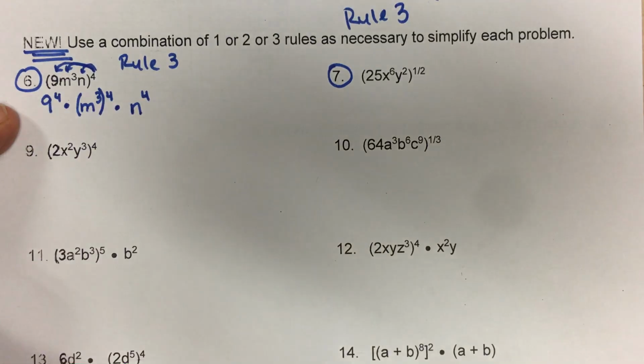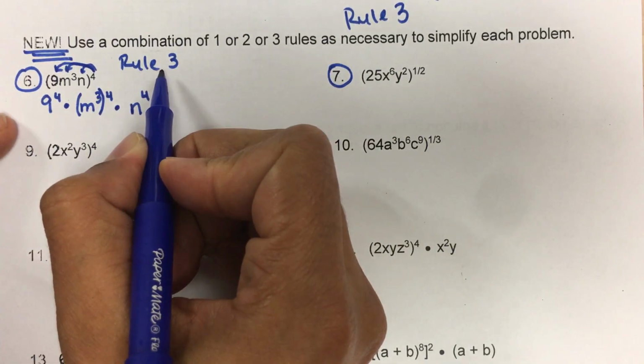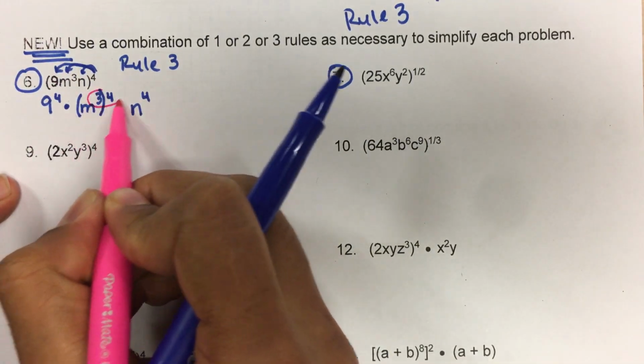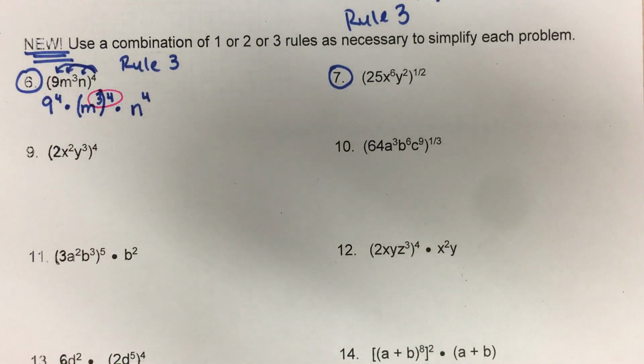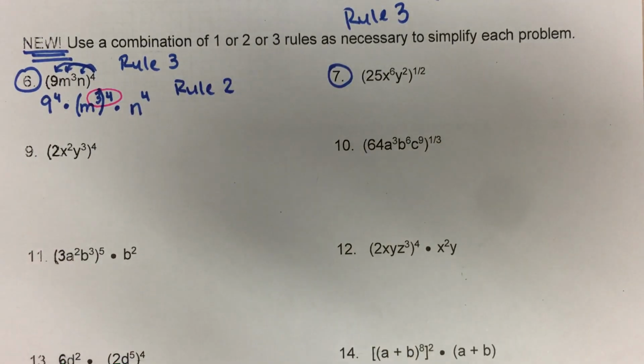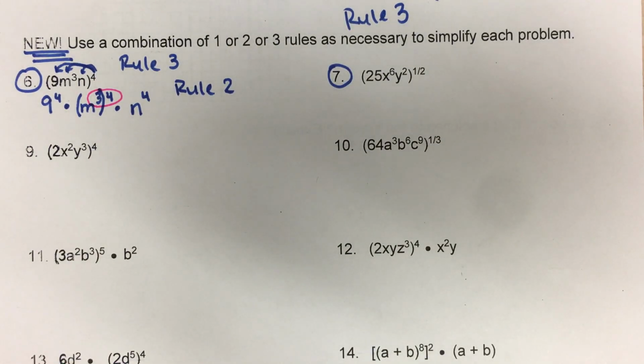Once you've done with the sharing is caring, rule number 3, now what do you see? You have an opportunity to use which rule now? Which rule is that? I believe that was rule number 2. And that rule is the piggyback rule. And what do we do with piggyback exponents? We multiply, okay?